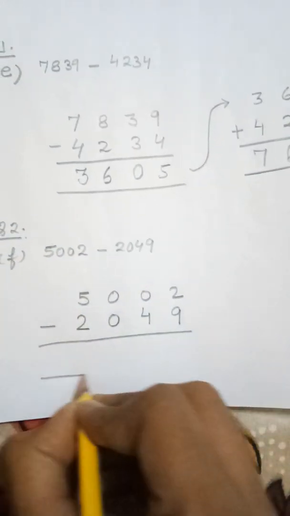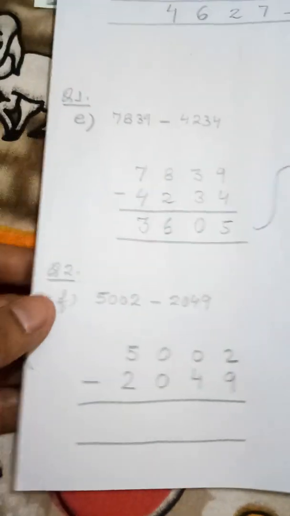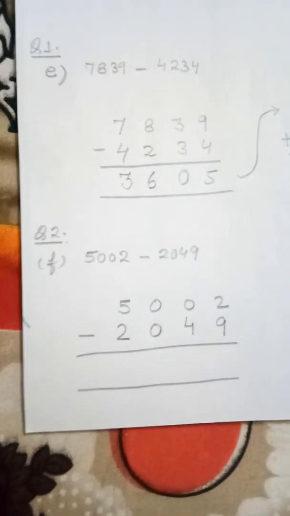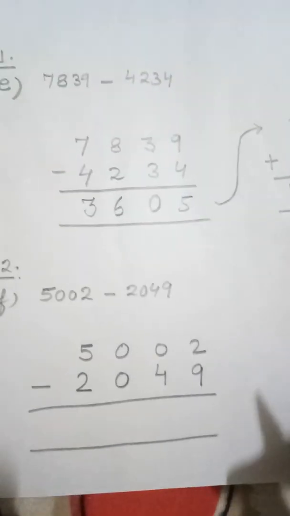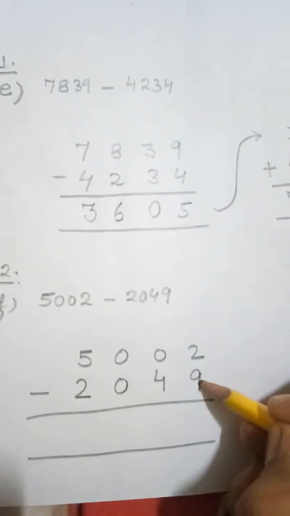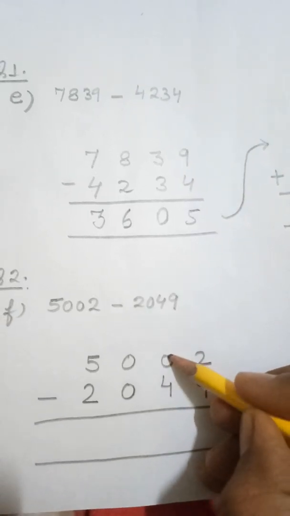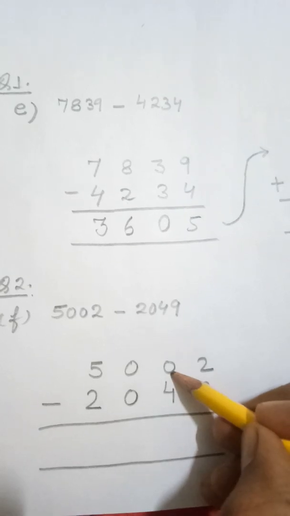Watch out for zeros means be alert if there is 0 in the number, because this is the point where we make a lot of common errors. So again you can see that 2 minus 9 is not possible, so this 0 will give 1/10, but 0 can't give.